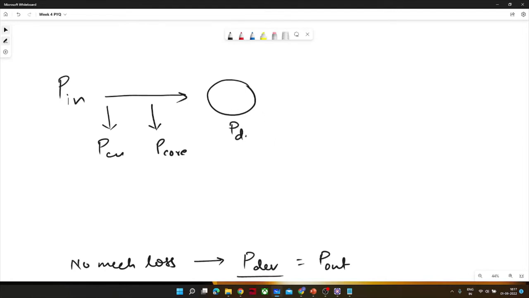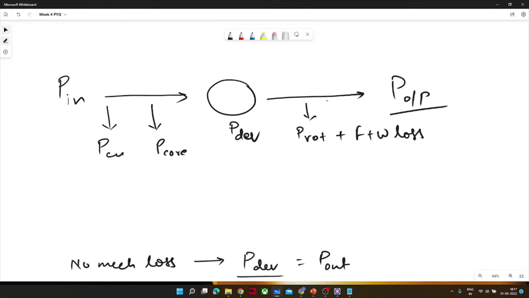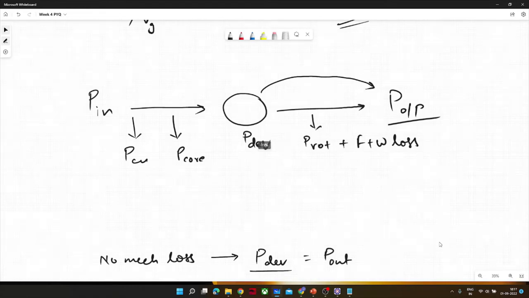Here power would be developed, and then some mechanical loss, meaning rotational, frictional and windage loss, and then the power output. But many times this rotational, friction and windage loss would not be given, so you have to ignore that, and power developed would be equal to power output, just for simplicity.